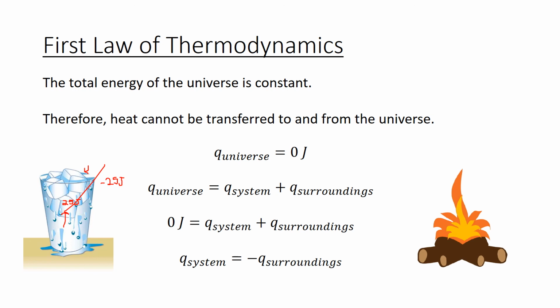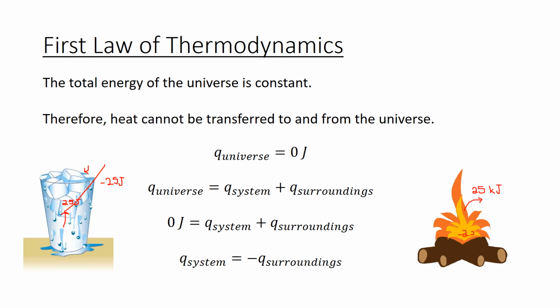If you have a campfire, and that campfire is giving off 25 kilojoules of heat, and the temperature of the area around the campfire is rising, and you can somehow measure that 25 kilojoules of heat are being given off by the fire, that means that the fire is losing 25 kilojoules of heat.